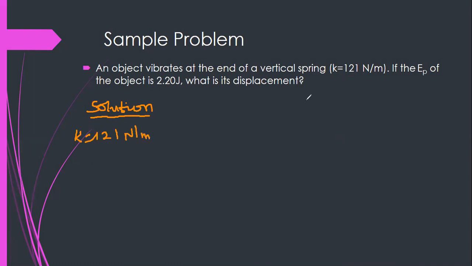And then we have the potential energy given as 2.20 joules. And we are asked to calculate the displacement, that is X, or the extension E, if you want to call it.